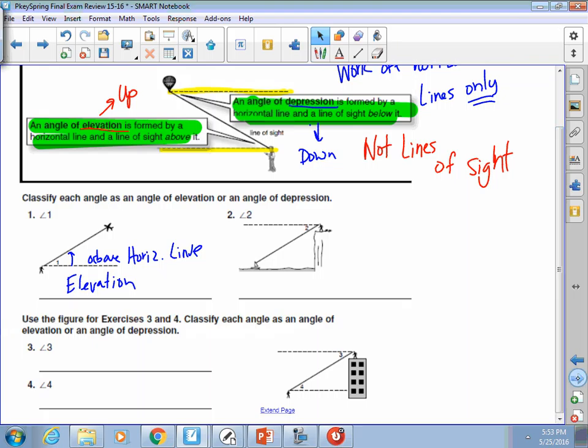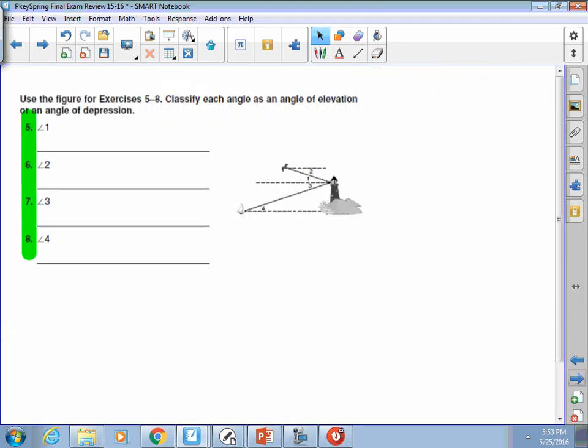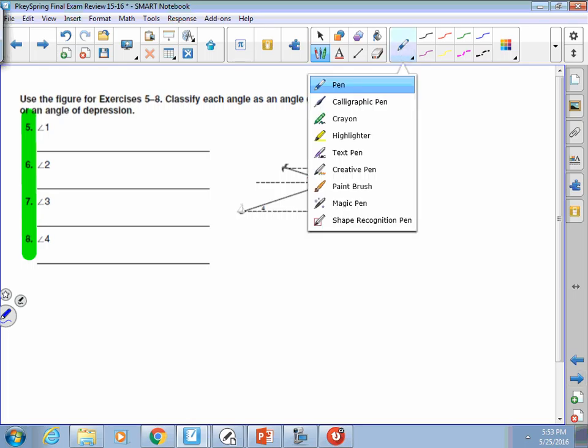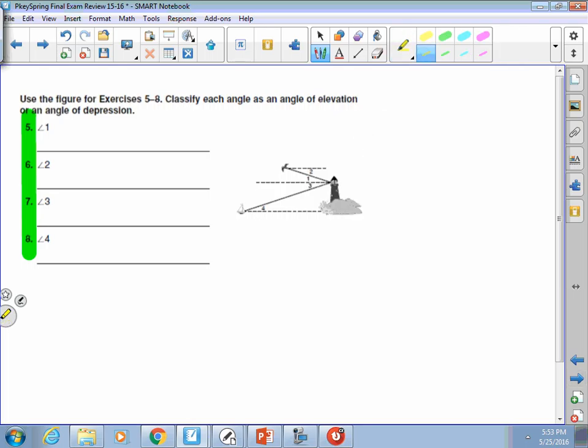The way it's going to be tested are 5, 6, 7, 8. You're going to see a picture just like this, and you're going to have to read it off the picture. So if I'm looking at angle 1, it goes with the following horizontal line. This horizontal line here makes angle 1, and that line of sight is above that horizontal line, so this would be elevation.